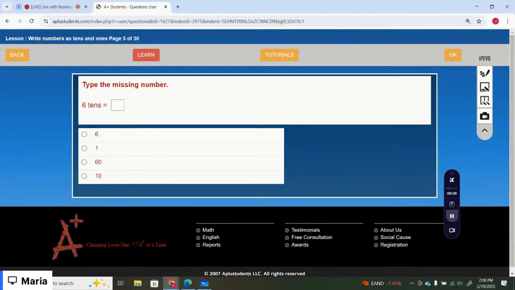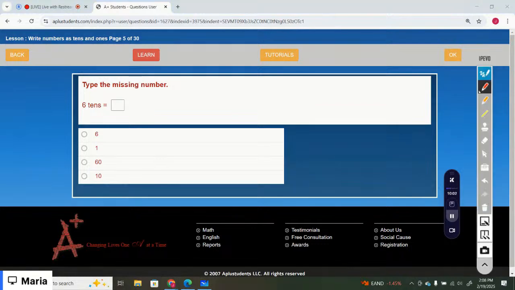Six tens. When you are given no ones, then definitely the ones are zero, because the rightmost digit, whenever you write a number, is always the ones digit, right?